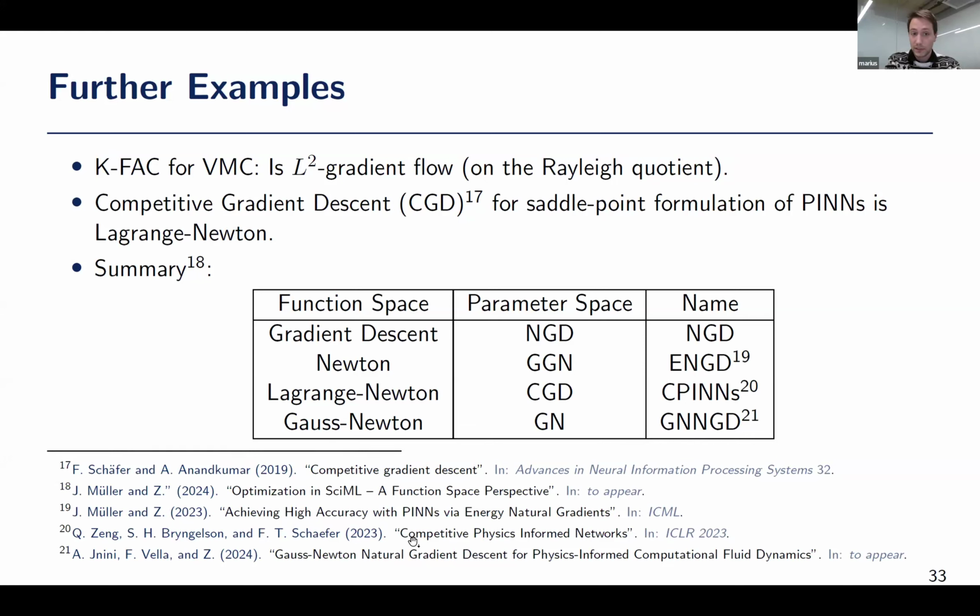And this is a recent paper where we comment on this in detail. Like I said, Lagrange-Newton corresponds to CGD. It's introduced as C-PINNs in the literature. This holds for linear PDEs. If you use Gauss-Newton in function space, you actually get back Gauss-Newton in parameter space. So these two are the same. And this was what I showed you for the Navier-Stokes equations.